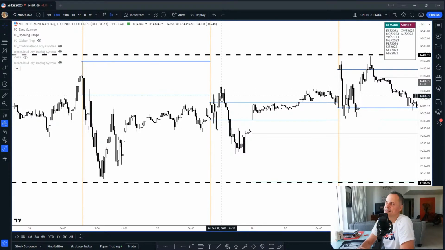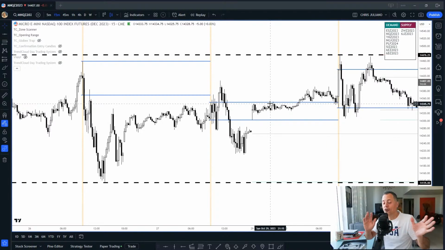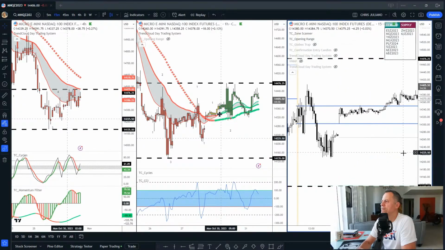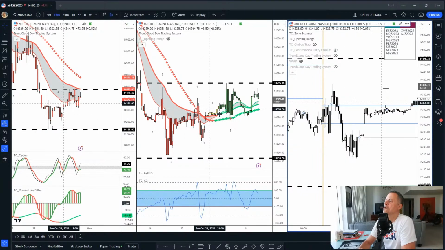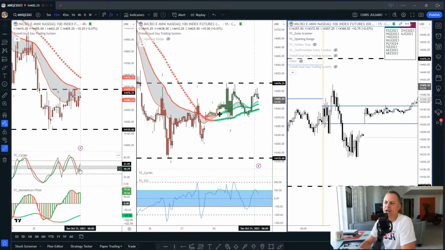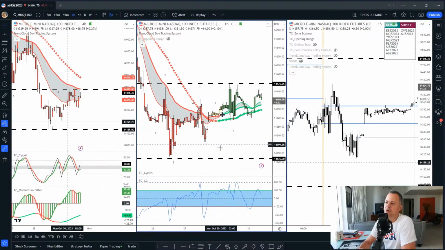trade the retest, and we don't even just trade the retest, right? We're not looking at one chart. We're looking at the full picture here. We're looking at our zone scanner. We're looking at the trend. Are we in a corrective phase or an impulse phase? And then we're looking at that middle time frame to see if we're above or below CCI, right?